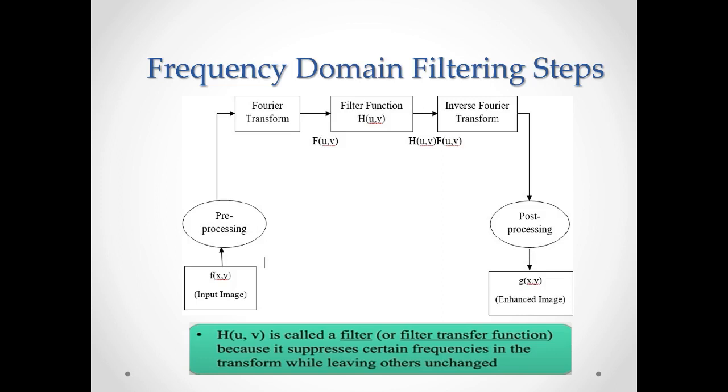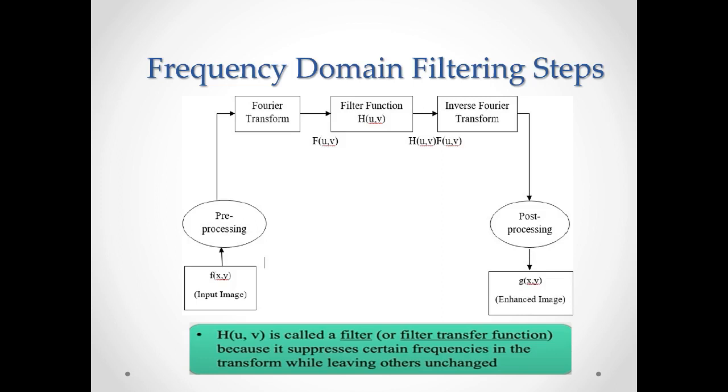This work is known as pre-processing. Then Fourier transform is applied on this image to get F(u,v). So, here F(u,v) is the Fourier transform of f(x,y), which can be obtained by applying DFT.